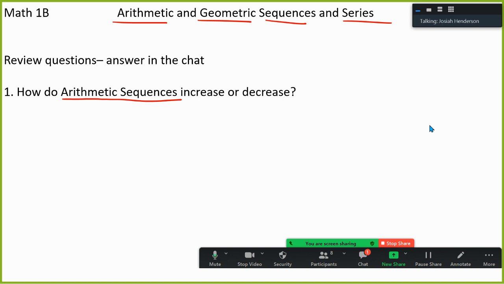How do we know that it's arithmetic? How do they increase or decrease? There's a certain way they do it, because they can get bigger. They can increase or they can get smaller in their list of numbers, but they always do it a certain way. If it's arithmetic, it's the same way over and over again. And that's what I'm trying to ask now.